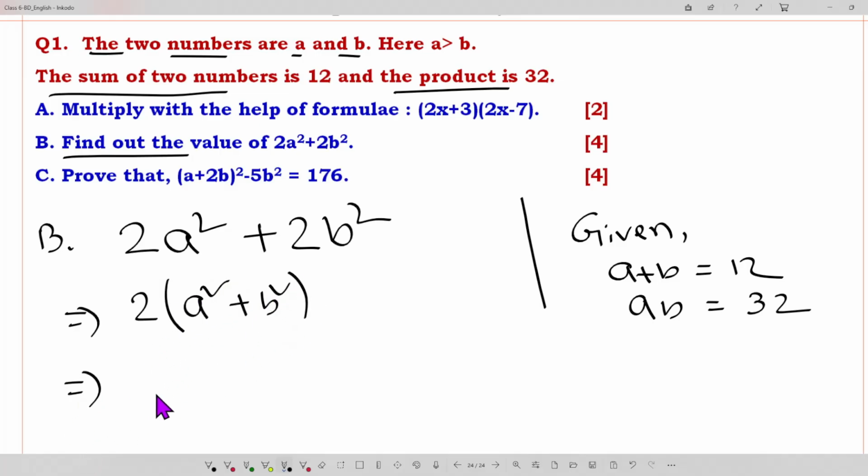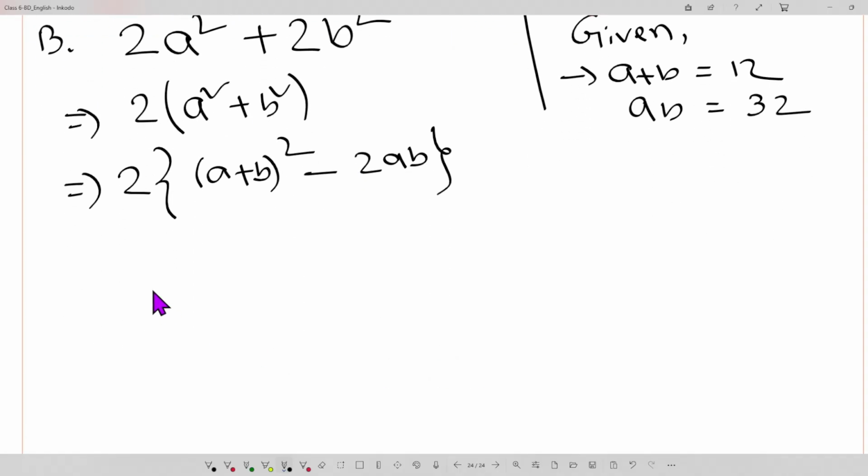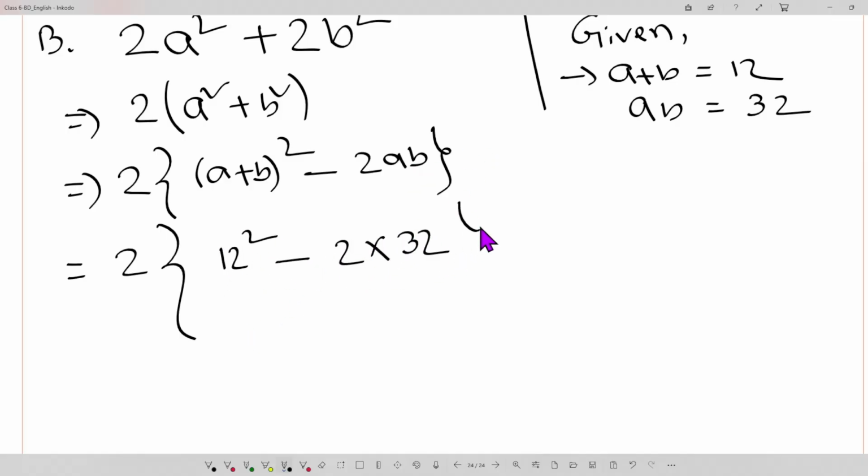Now we can implement a rule for 2 times a square plus b square. We have a plus b whole square minus 2ab, right? Then here is 2, and then a plus b means 12 square, minus 2 times ab means 32, right?